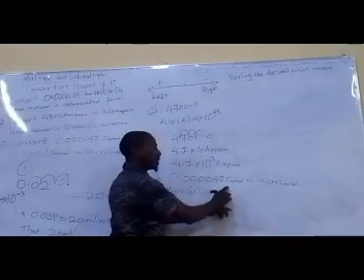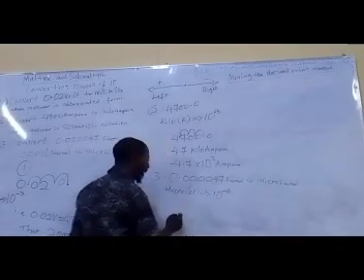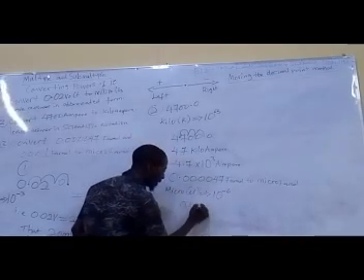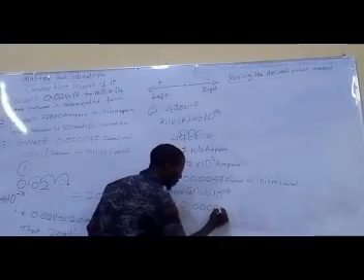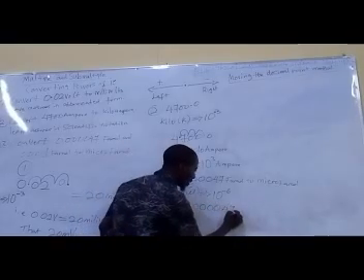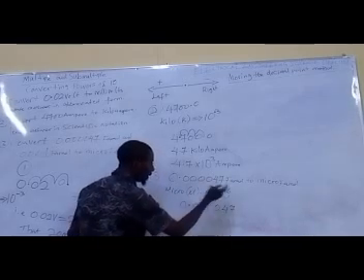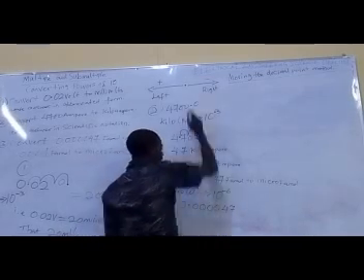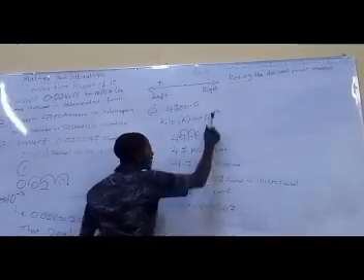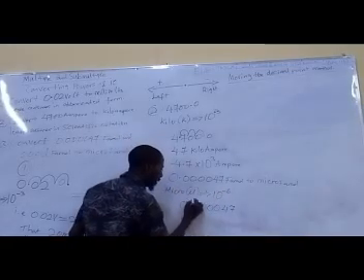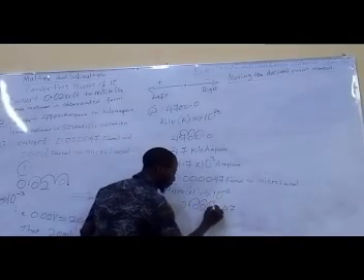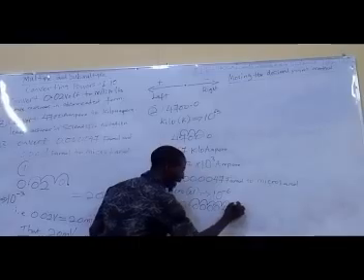Then how many times? 6 times. So we'll now have 0.00047. Now we have to move this decimal point to the right because of the minus, and how many times? 6 times. So we'll have 1, 2, 3, 4, 5, 6.